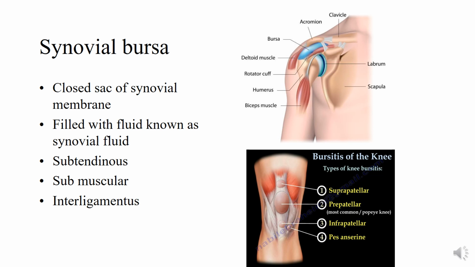Now here you can see this is the subtendinous bursa, which is known as the subacromial bursa, located in the shoulder region. There are many bursae in the region of the knee joint. Here the suprapatellar bursa is the subtendinous bursa, while the prepatellar bursa is the subcutaneous bursa.